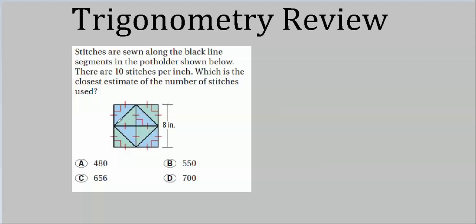So the length of this is just the square root of 2 times either leg, or root 2 times 4 inches. That's the length of one of them. But there are 4 of those, so we can write that as root 2 times 16.